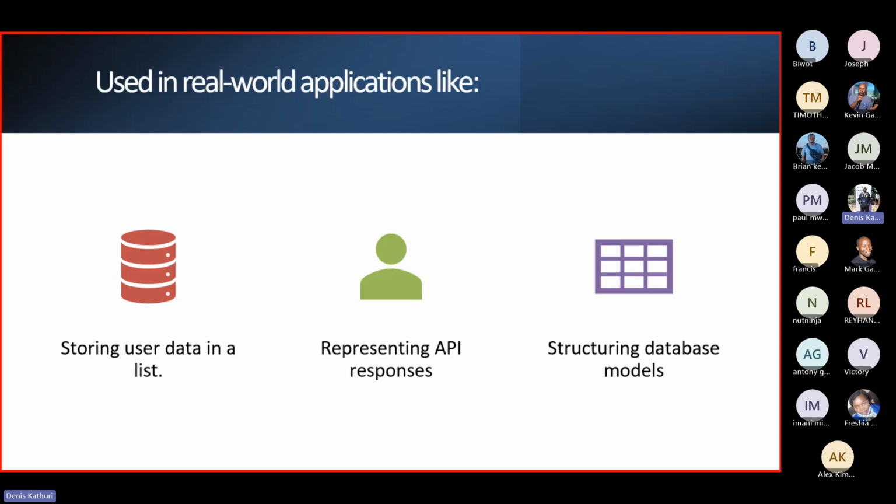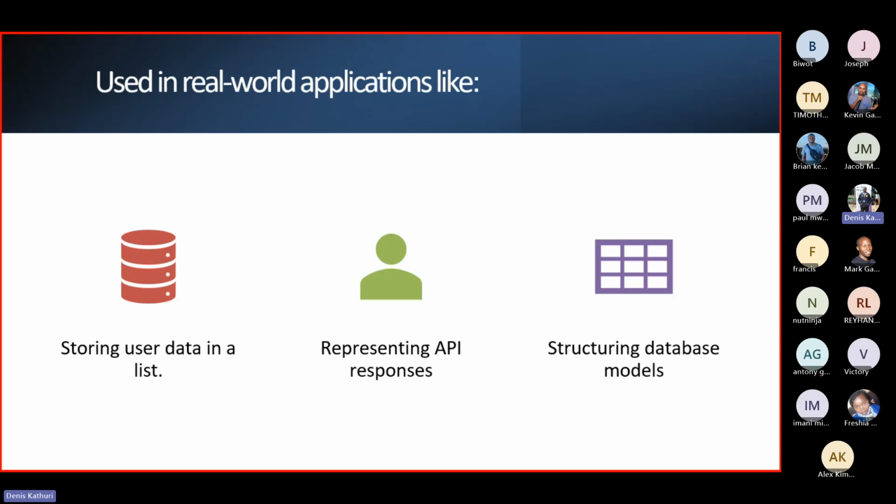For instance, arrays are used for managing lists, like a collection of users or products. Tuples help when working with fixed structured data, like a coordinate which has an X and Y, so a tuple would work best in such a case. Objects are essential for defining entities like a user profile, API responses, and database models.